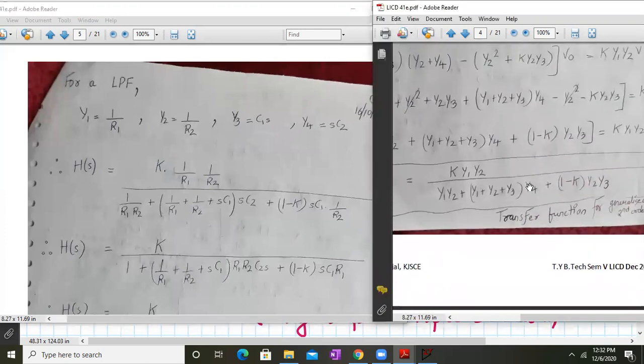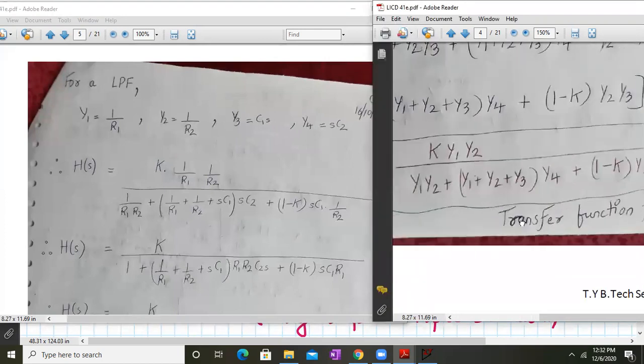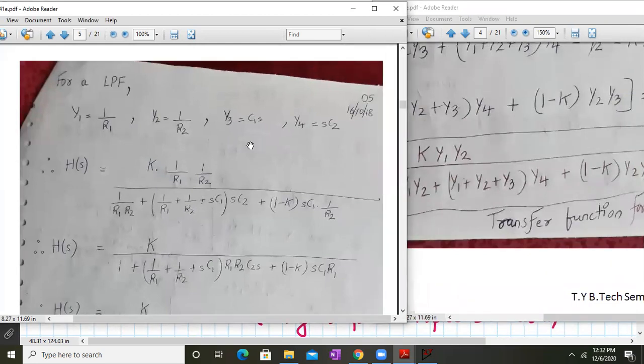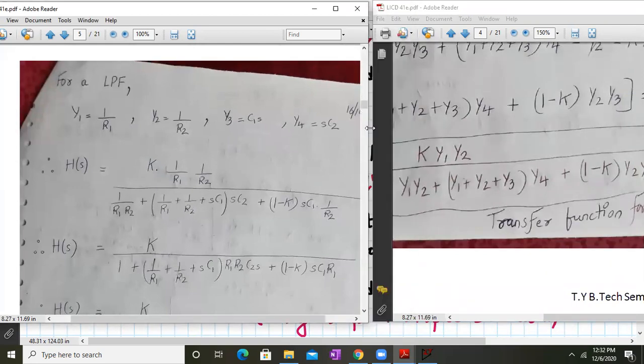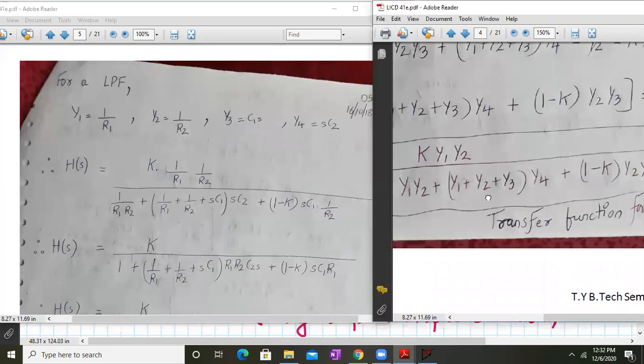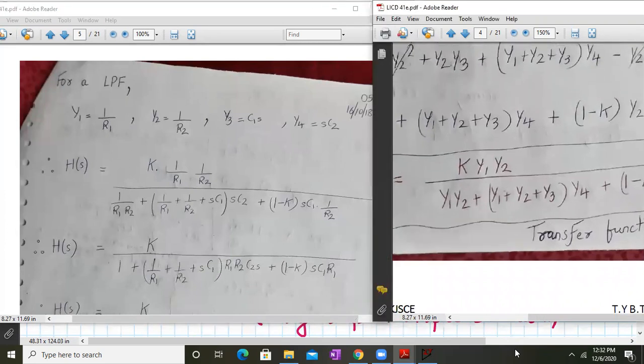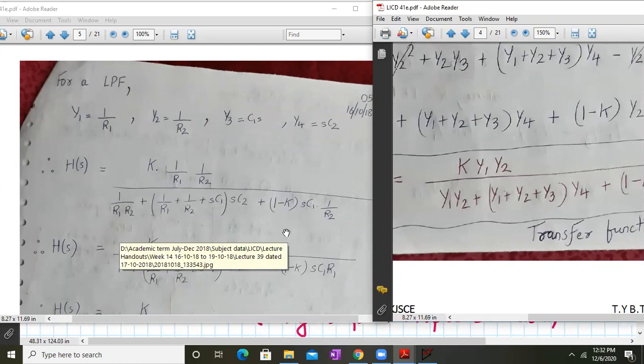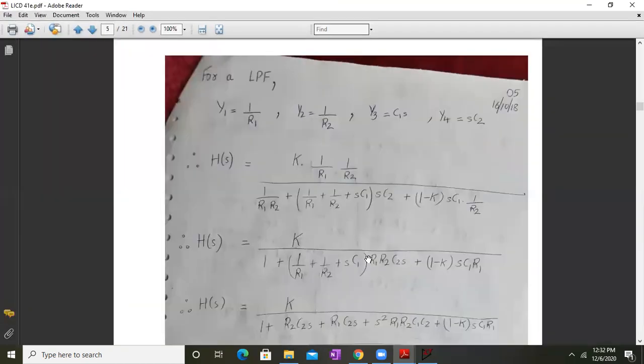Instead of Y1 and Y2, we have 1 upon R1 and 1 upon R2, for Y3 we have sC1, and for Y4 we have sC2. So we substitute all the values, and then we will rearrange these terms.